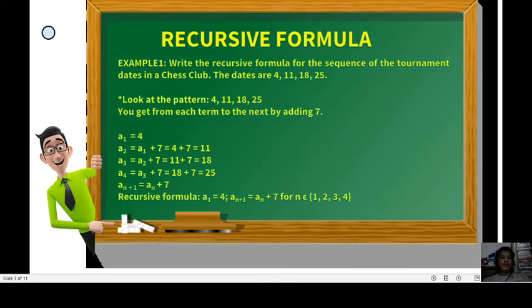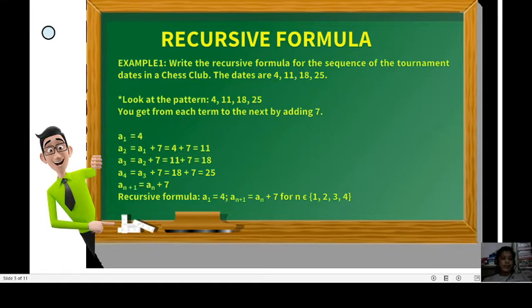Our third term is added again by 7: 18 plus 7 equals 25. So we have the term a sub n plus 1 equals a sub n plus 7. The preceding term is always added by 7.